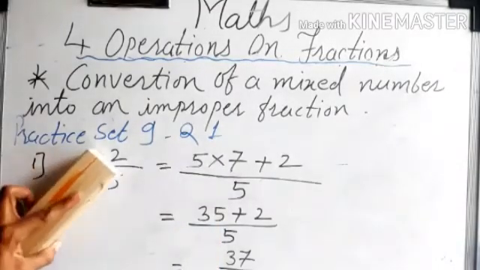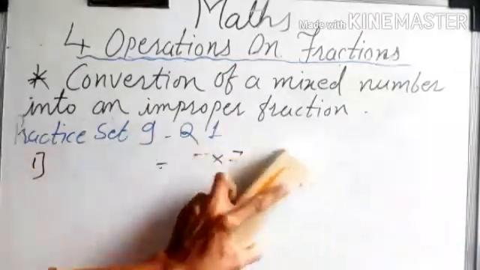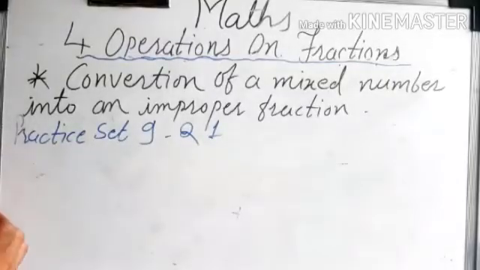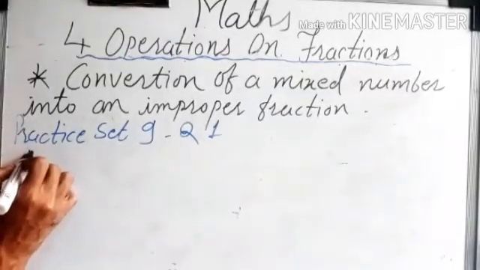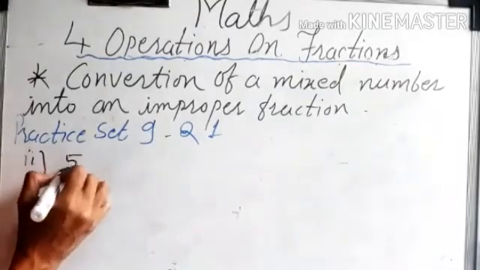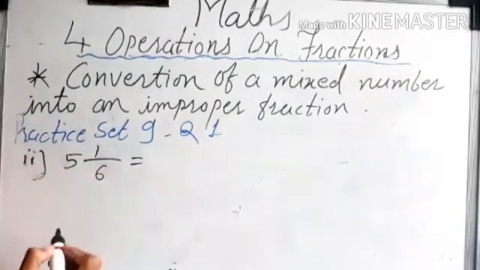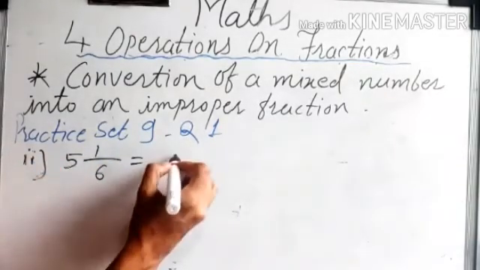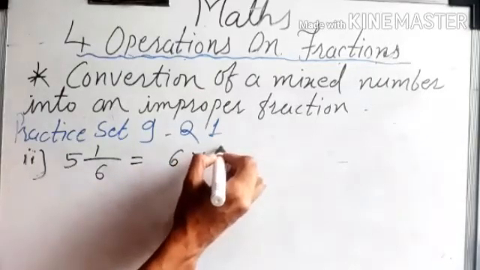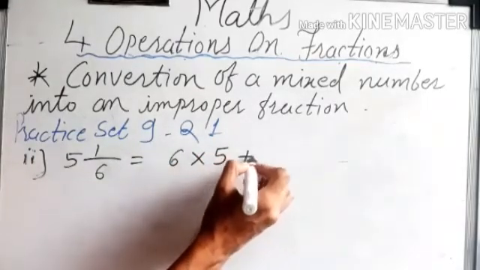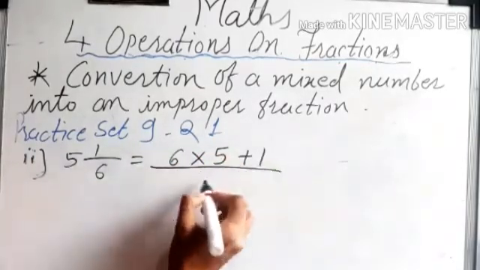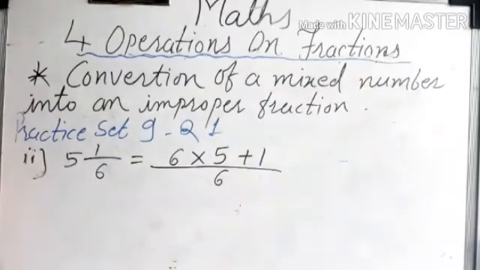Okay. Next is example number 2. Let's see. 5 and 1 upon 6. So see again what to do: denominator multiplied by integral part plus numerator upon denominator as it is.